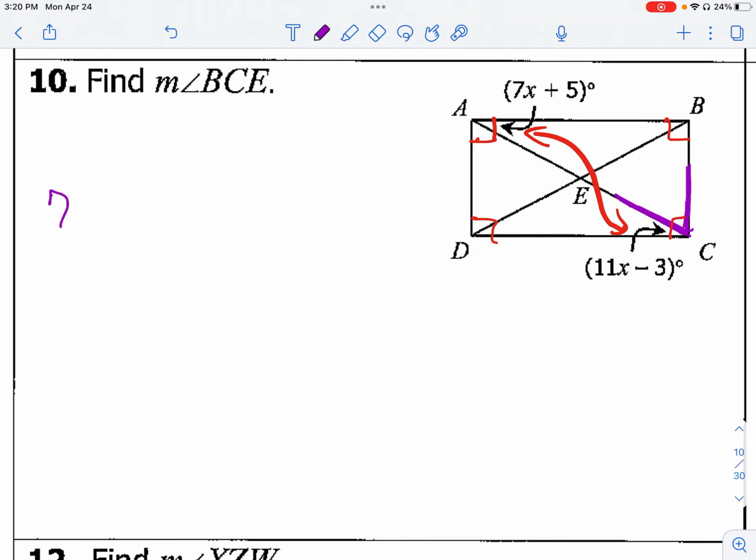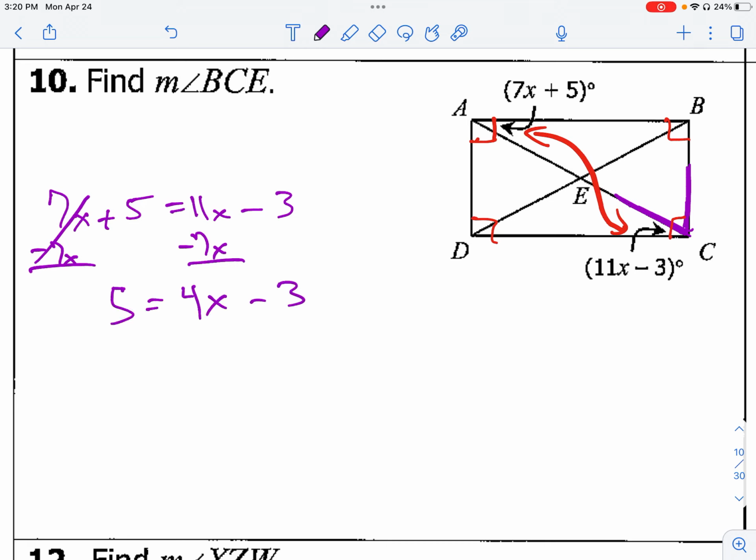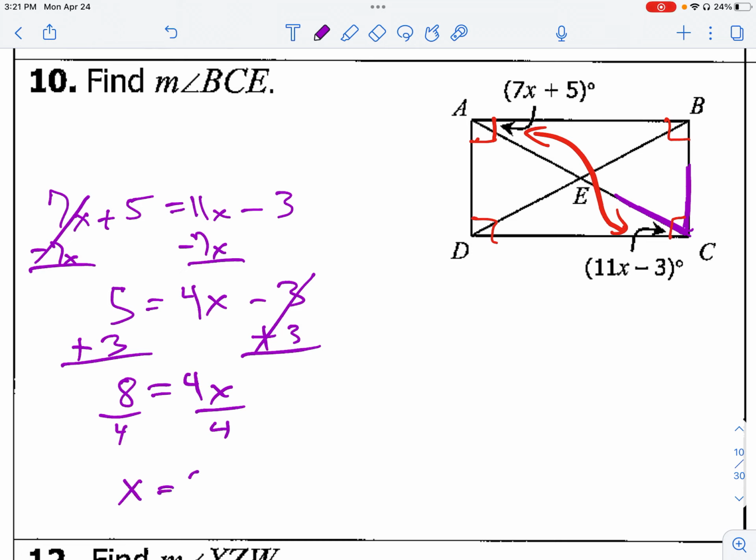So we have 7x plus 5 equals 11x minus 3. All right, so we get the x's on the same side. Then we get the x by itself. So we're going to end up with x equals 2. But we want to know this purple angle up here.